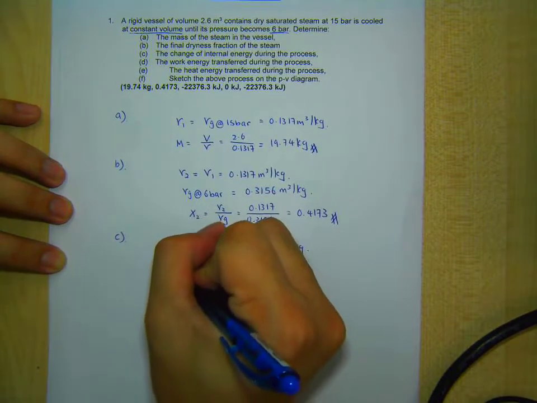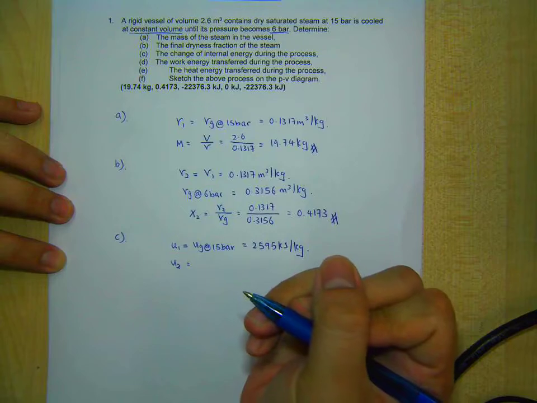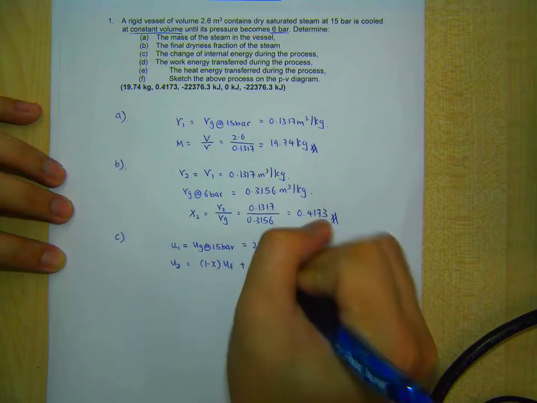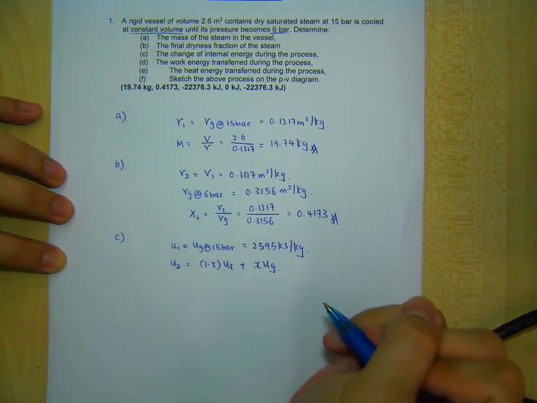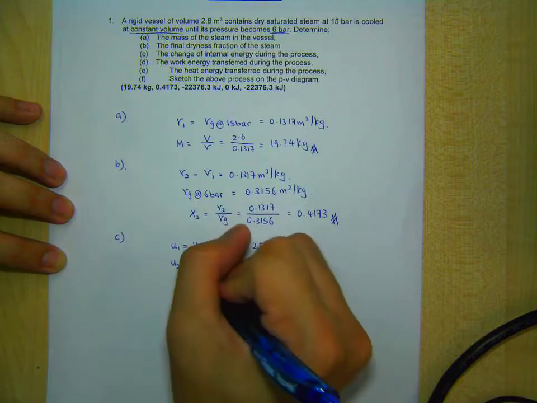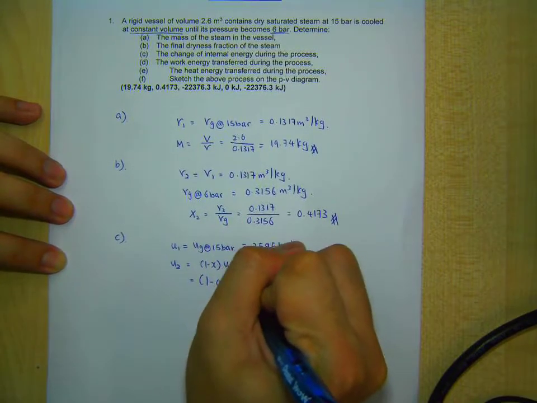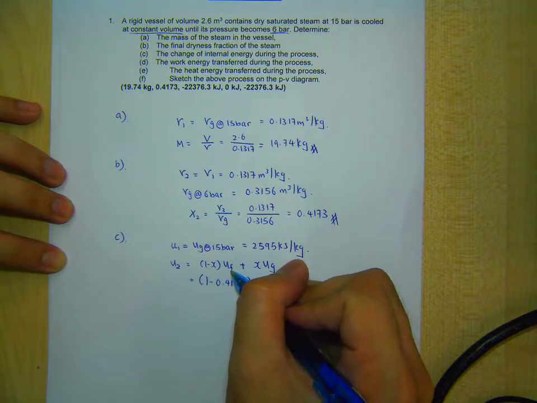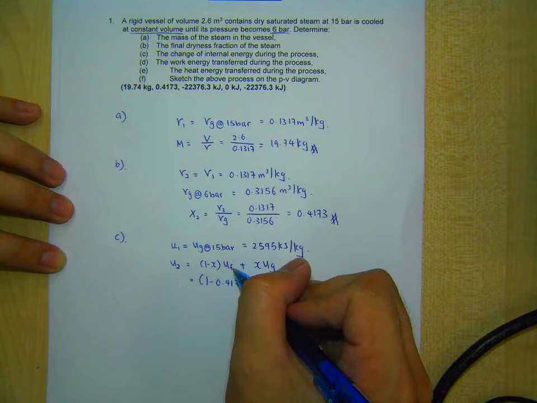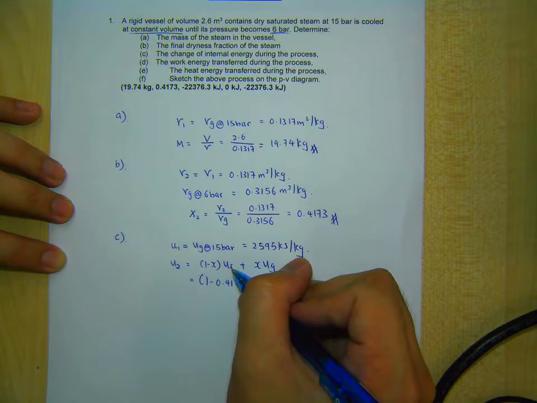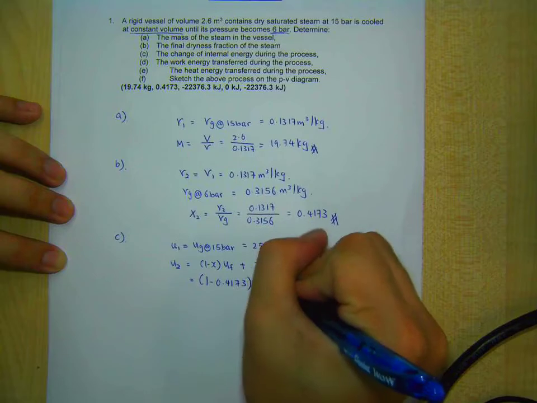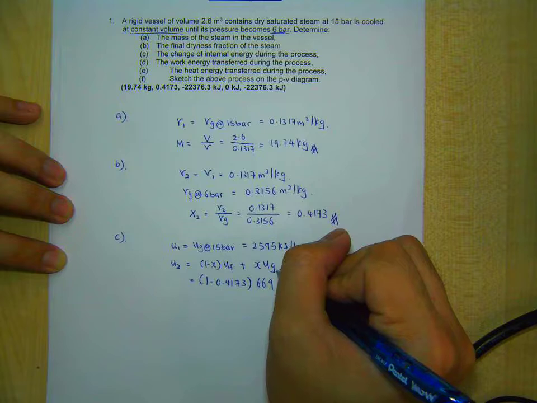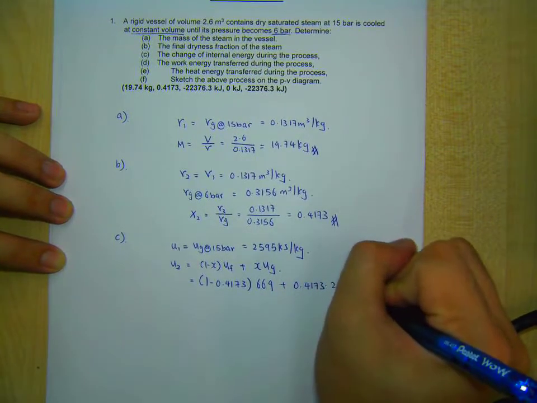For u2, to get the specific internal energy, we need to use our formula for wet steam: (1 minus x) uf plus x ug. So 1 minus 0.4173, where uf is found from the table at 6 bar, and we get a value of 669, plus ug at also 6 bar, which we can get to be 2568.